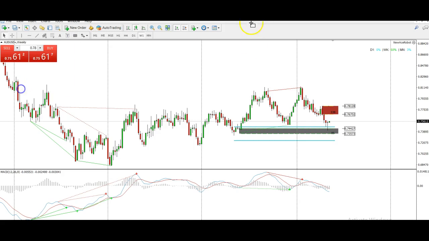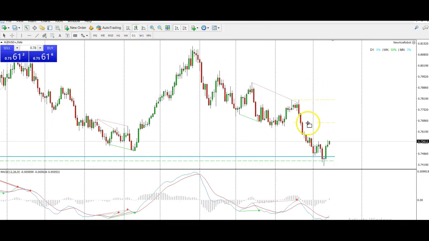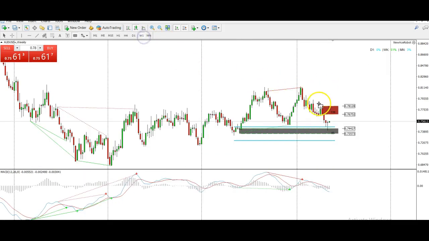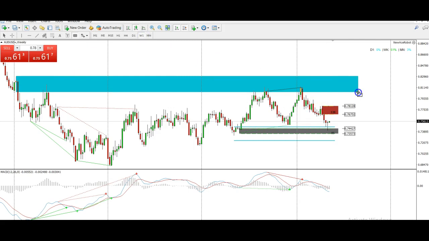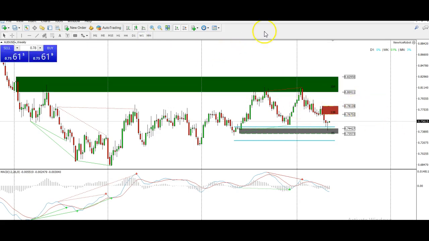So Aussie USD, I'm still bullish, and I'll be looking to buy this for the coming weeks. Just get in and buy moves up around these areas here, which is the 80 area. So I'm looking to play back up the 80 on the Aussie USD.